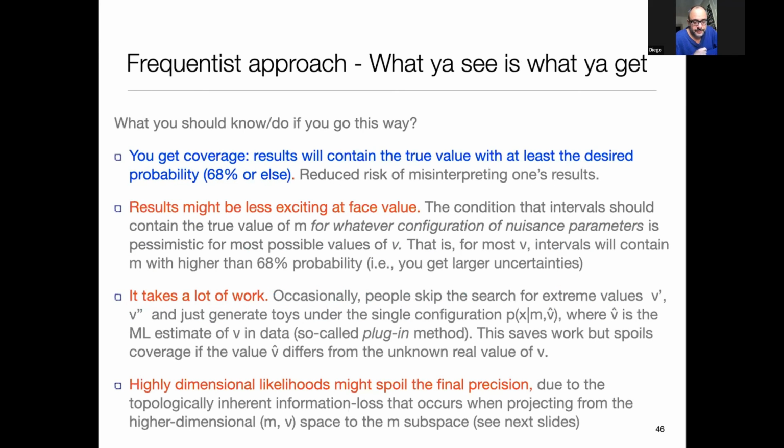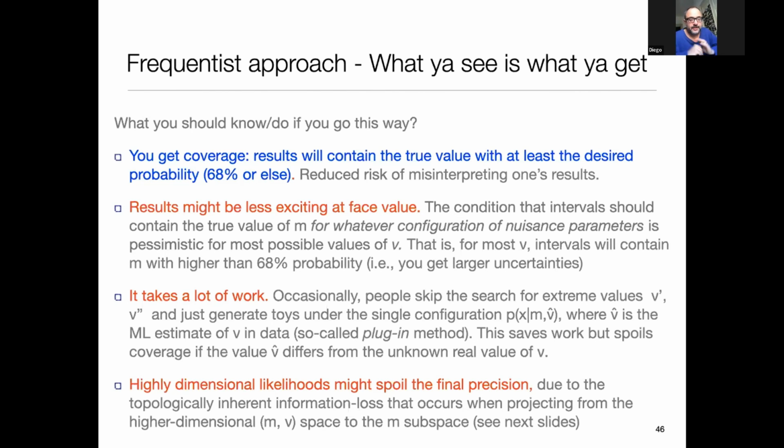And this also has its own drawbacks, because you get worse results in the sense that they are less precise. So there is a lot of work to obtain something that is less sexy, at face value at least, even if it's probably more correct. And this thing gets much worse and worse in the high dimensional problem.